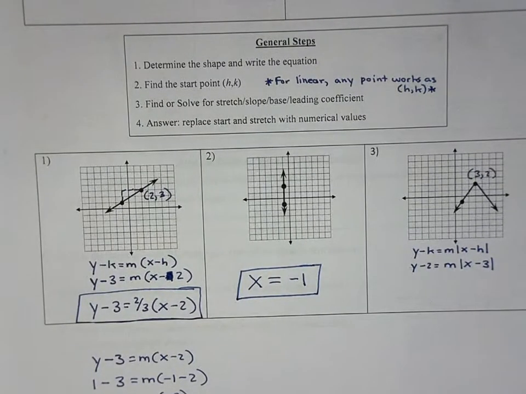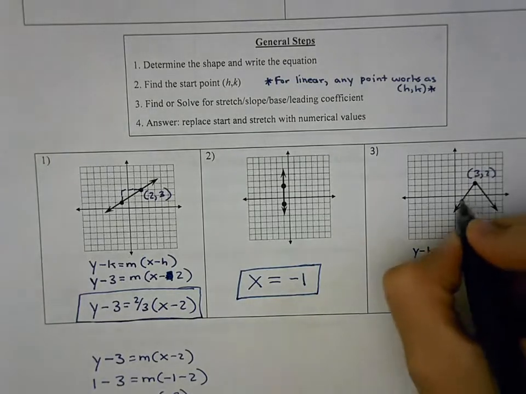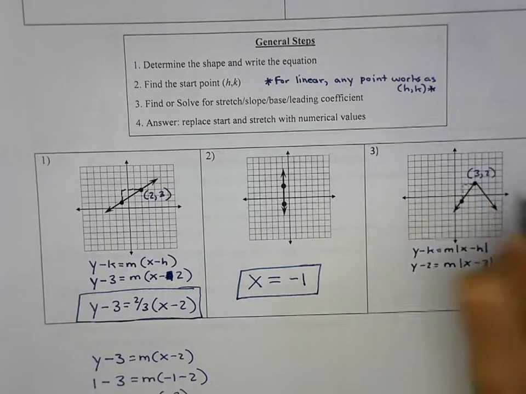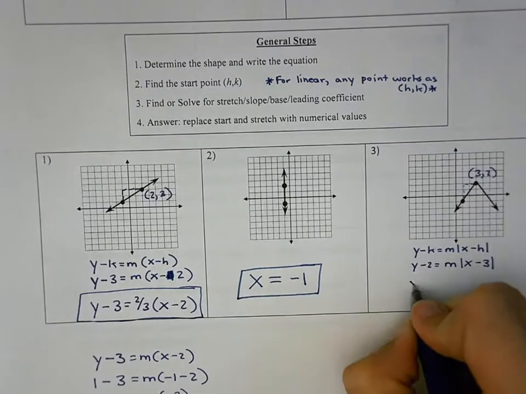And then last but not least, finding the rest of the pieces of this equation, which in this case is just the slope. What would my slope be for this absolute value? This has a slope of rise 3, run 2, and is this a negative or a positive absolute value?